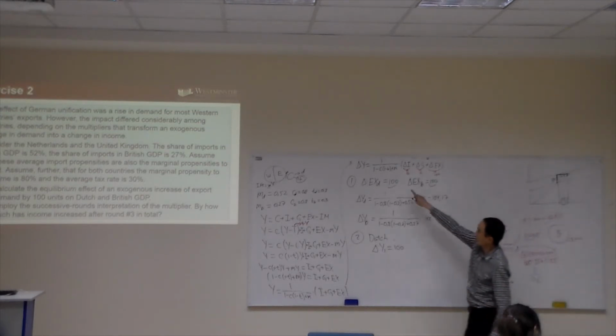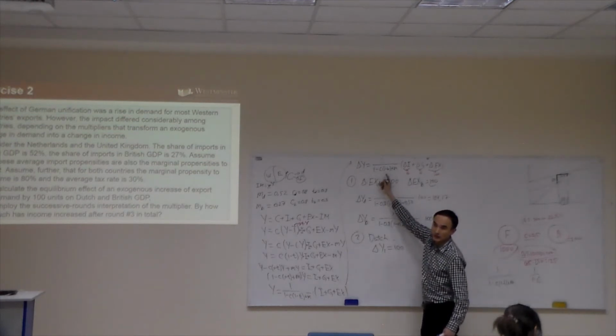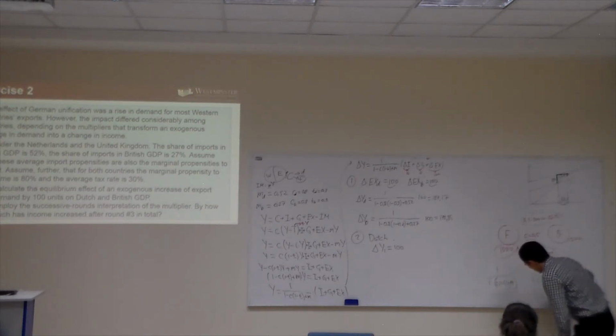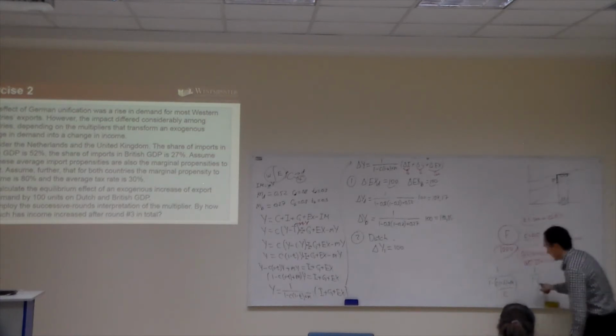Is this one correct? If I take this factor into brackets, this plus will become minus, which represents this C.